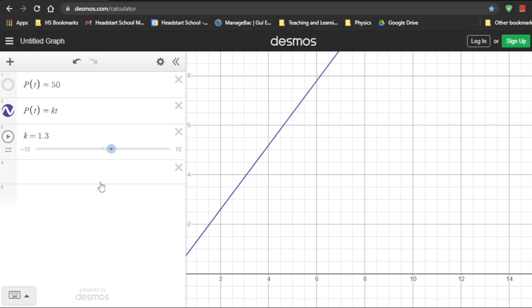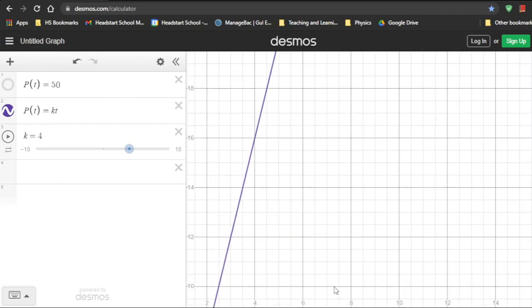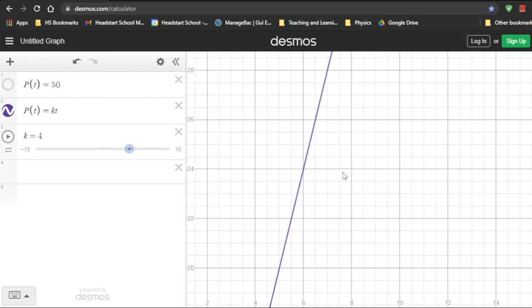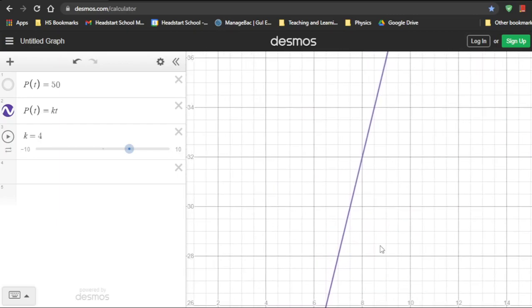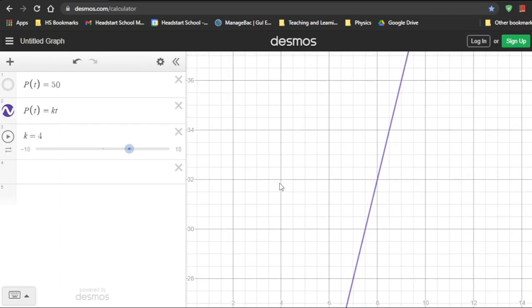then for these 8 seconds the distance would keep increasing, and if we keep increasing this to, let's say, 4, you would see that above this 8, if I go above exactly this 8, I would find that so far this body is covering 32 meters in 8 seconds, which is still not the case that we want.